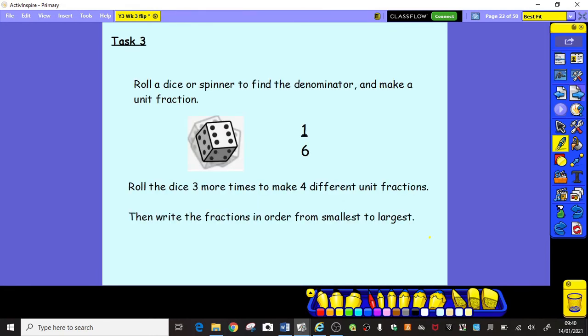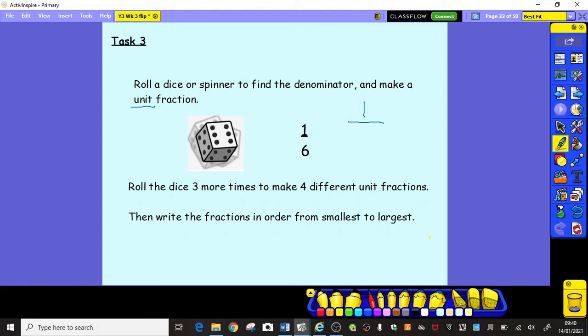And then once you've done that, we've got task 3. For this one, you'll need to have a dice or a spinner, and that is going to tell you what your denominator is going to be. So you need to roll the dice, and for example, if it came up with a 6, that will be your denominator. They're all going to be unit fractions, so they're all going to have 1 as their numerator.